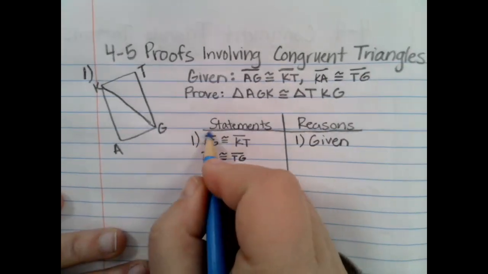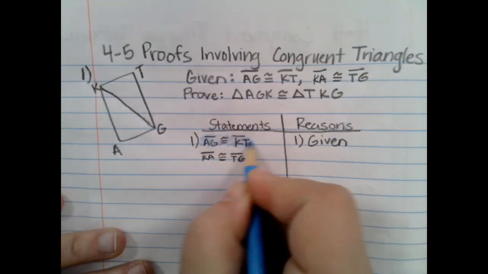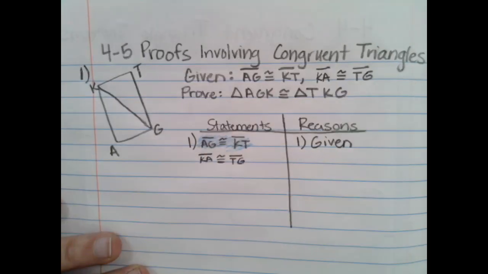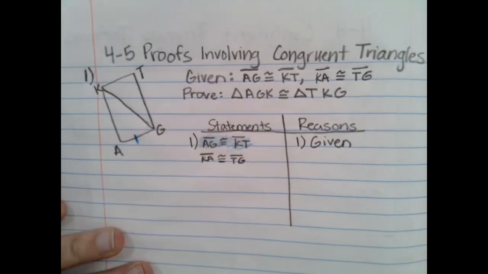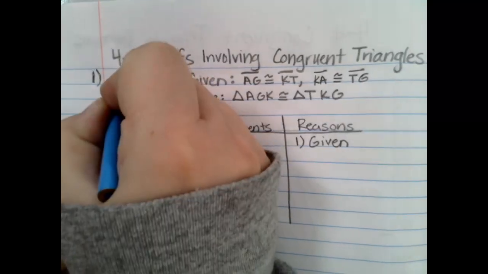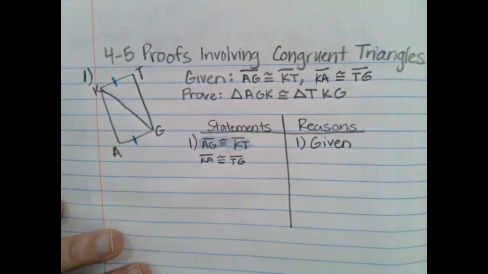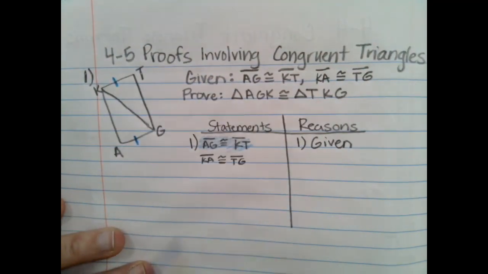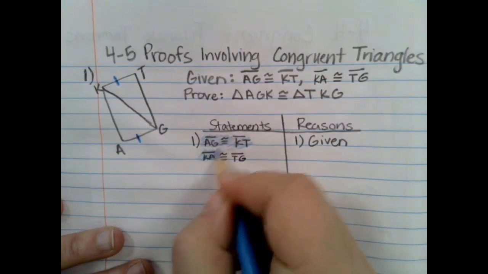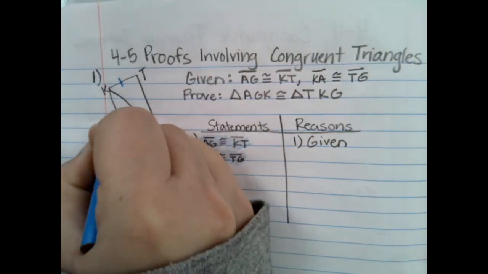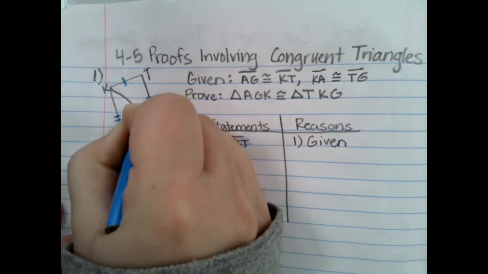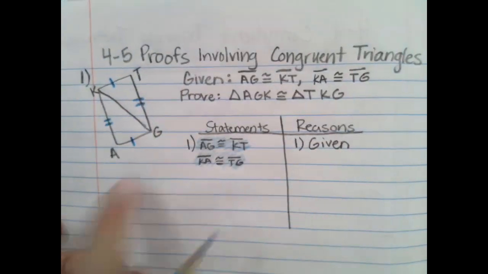All right, so as I look at this, I'm going to label this part here. AG is congruent to KT. So here's AG is congruent to KT. And then we have KA is congruent to TG. So KA is congruent to TG. Yes, I'm using the same color, but I'm using different amounts of tick marks.